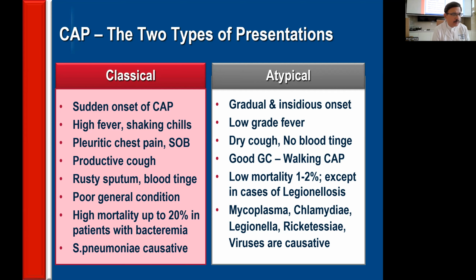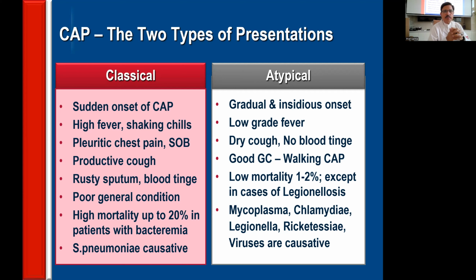First of all, the moment you see a patient, you should be able to decipher, am I dealing with a case of classical pneumonia or an atypical pneumonia? Because the treatment differs. On the atypical side, the drugs that you use are very different from those you use for S. pneumoniae. So by the onset itself.